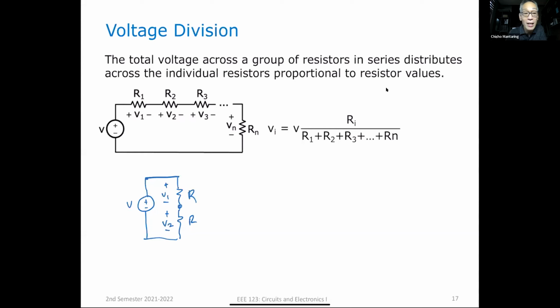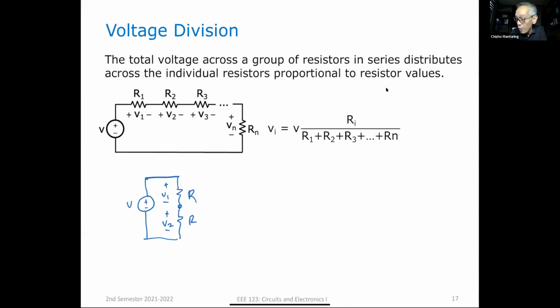They will also be equal, right? In other words, this voltage will just be split between these two. Because R is equal, this voltage will split itself equally between the top resistor and the bottom resistor. The voltage will distribute according to the resistance value. So if I have three resistors that are equal, the voltage will just be split 1/3, 1/3, 1/3.